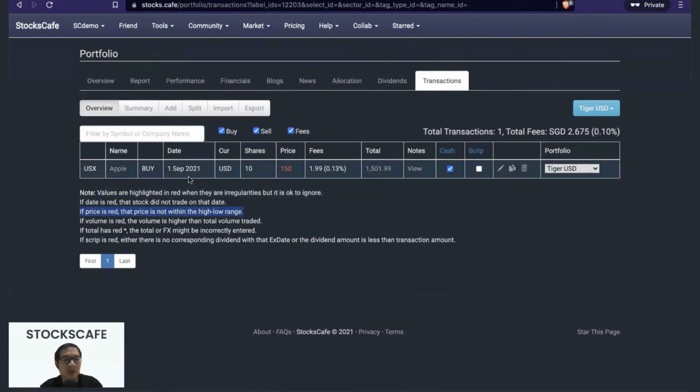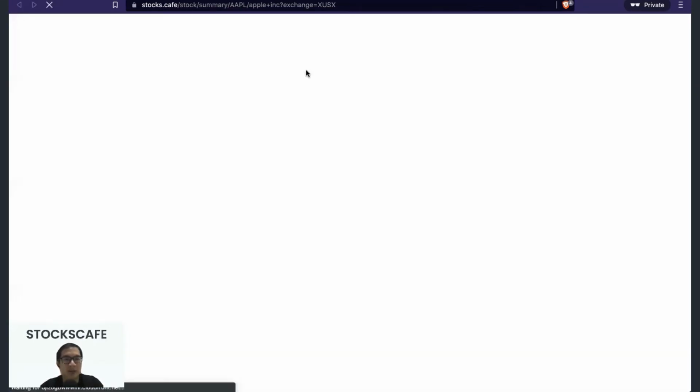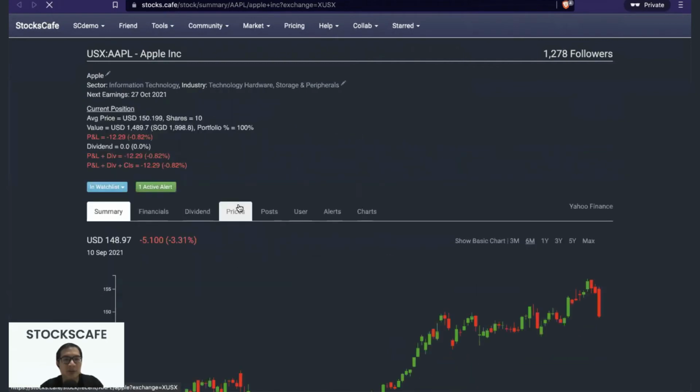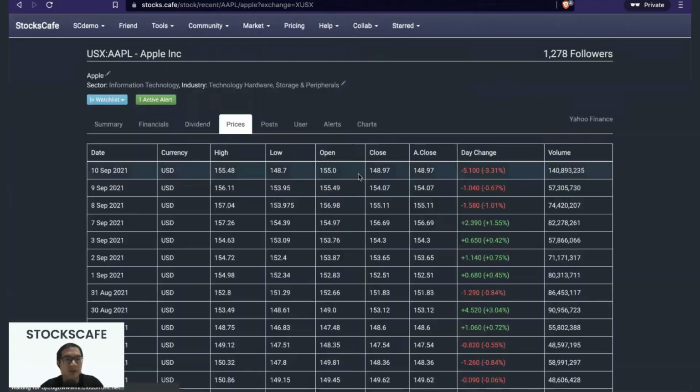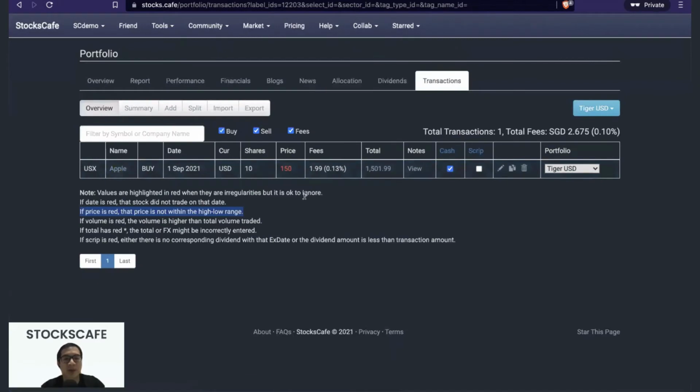It basically means that on 1st September, Apple did not trade at 150. Let's look at it: on 1st September, Apple's high-low was between 152 and 154. So it was not at 150. Again, it's okay to ignore it if for whatever reason you actually bought it at 150.